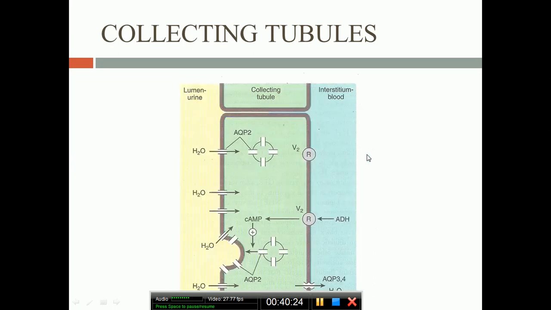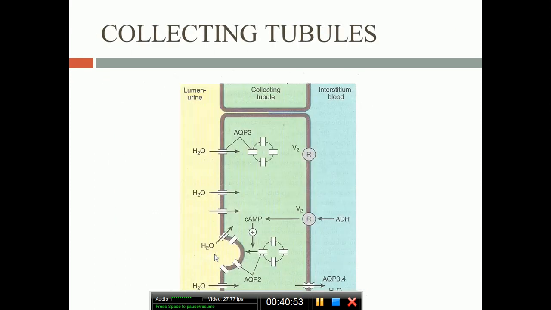And this is again the water reabsorption by the induction of aquaporins, or water channels, under the influence of ADH, because this is the final segment where the final concentration of urine will be determined. So that is why it is more important.